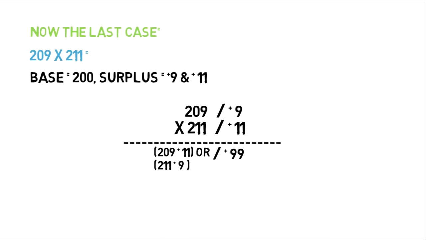99. See, 100 multiplied by 2 is equal to 200, and 100 has two zeros. On the right hand side we have a two digit number, so it satisfies the previous formula that I spoke about. Now 200 is 2 times that of 100. So what is the catch here? When we have taken the base to be 200, we have to multiply the left hand side by whatever times it is of 100.